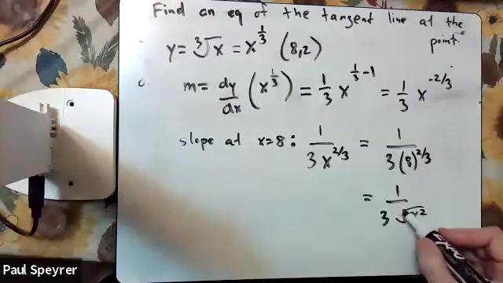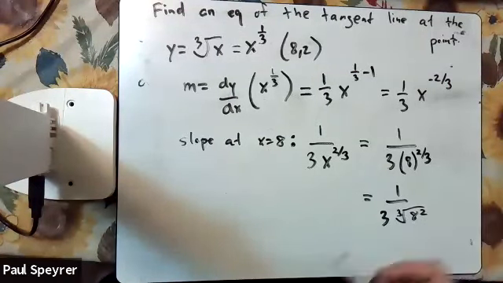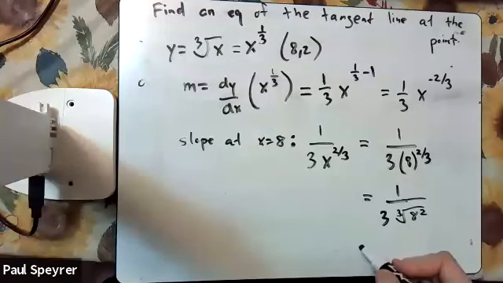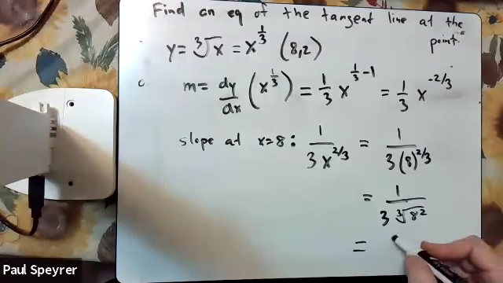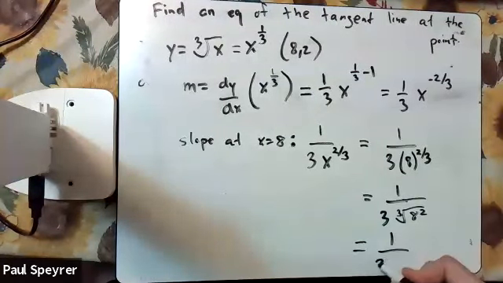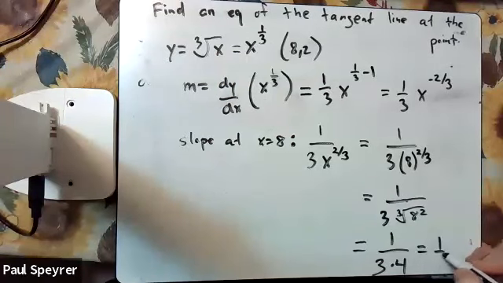I'm just working backwards here. This is not difficult. This is still 1 over 3. But what is the cube root of 8 squared? Well, what's the cube root of 8? 2. And then 2 squared is 4. So your slope is actually 1/12.